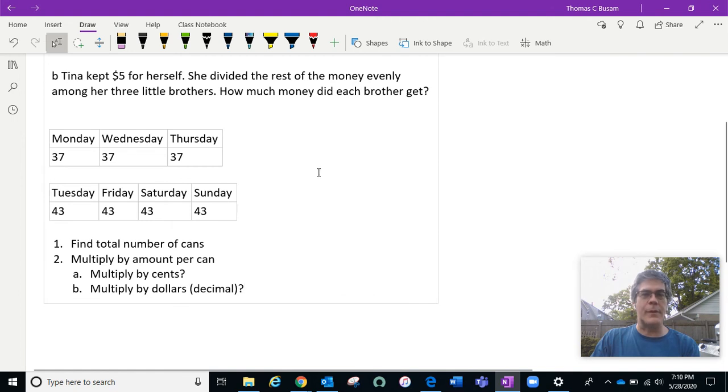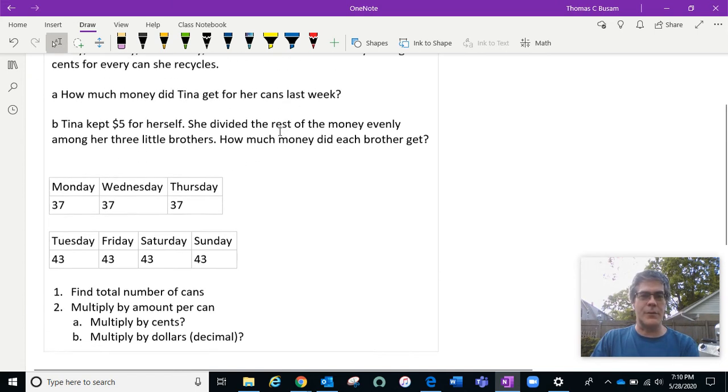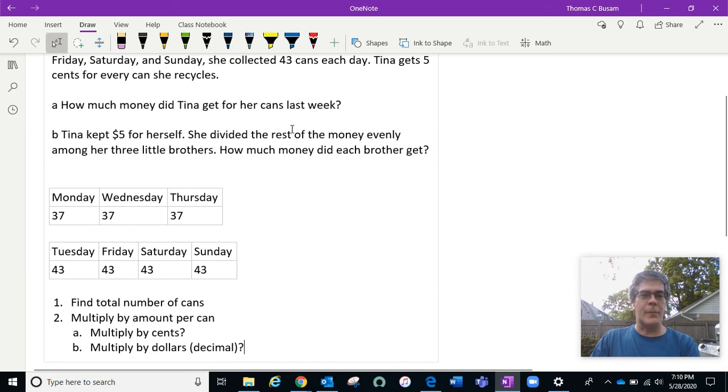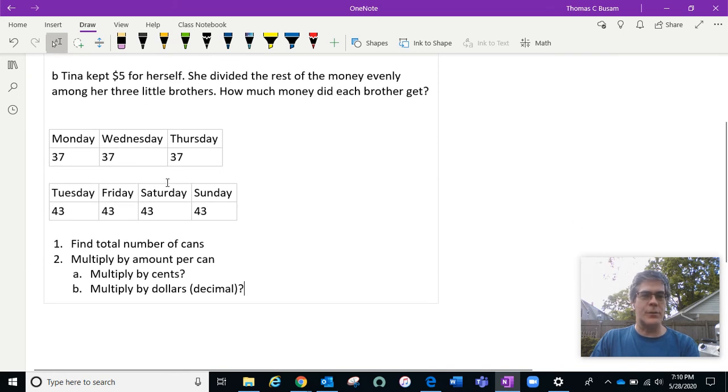what units you're using. And then in part B, it says that Tina keeps $5 for herself, and then she divides the rest of the money evenly among her 3 brothers. So whatever you find for part A, you're going to want to subtract $5 from that, and then you're going to need to divide by 3.